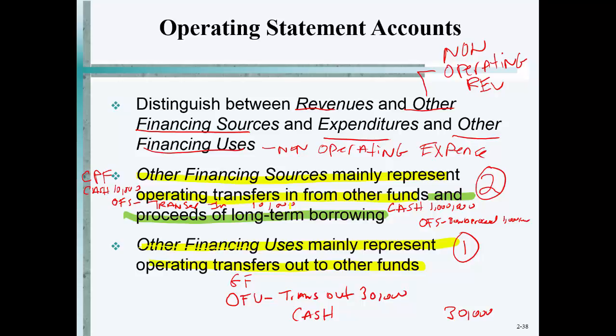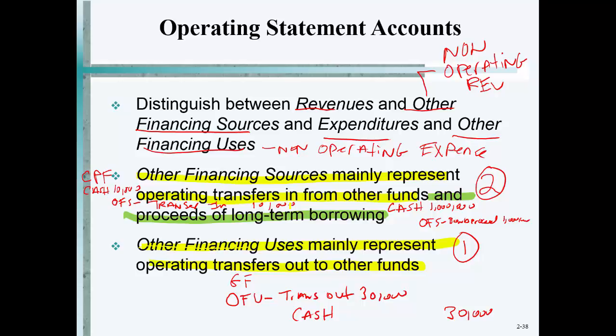Right? So the reason I wanted to go to the debit first is that, for me, it's easier for my brain to think of the money being transferred out and then what being received on the other end. That's why I wanted to go to the transfer out first. But we have the one transfer out, the one other financing use, I should say, which is the transfer out of the capital project fund.